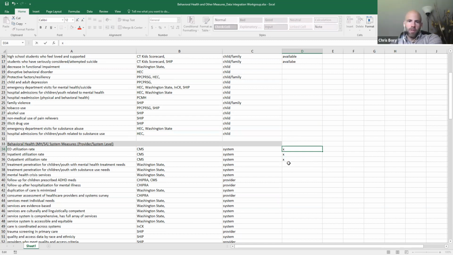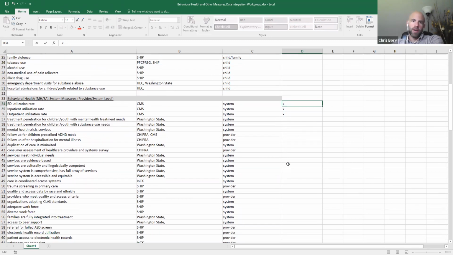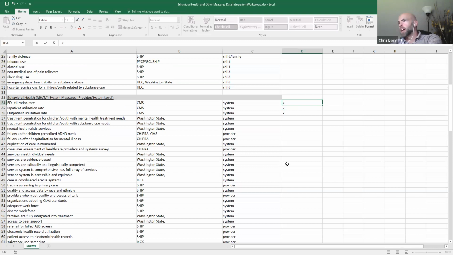I just have one thought too. I don't know if this would be helpful, but I'm thinking of a possible framework, like the triple aim, if we want to look at multiple different measures, outcomes, quality, and cost. I think it would be helpful to have some type of framework to help organize our thinking and then identify which measures could go into which buckets.